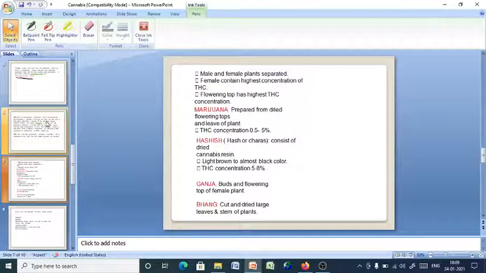This is commonly known as charas also, consists of dried cannabis resin. That's why it contains much more THC, 5 to 8%. Ganja, buds and flowering top of the female plant. Bhang, cut and dried large leaves and stem of the plant.